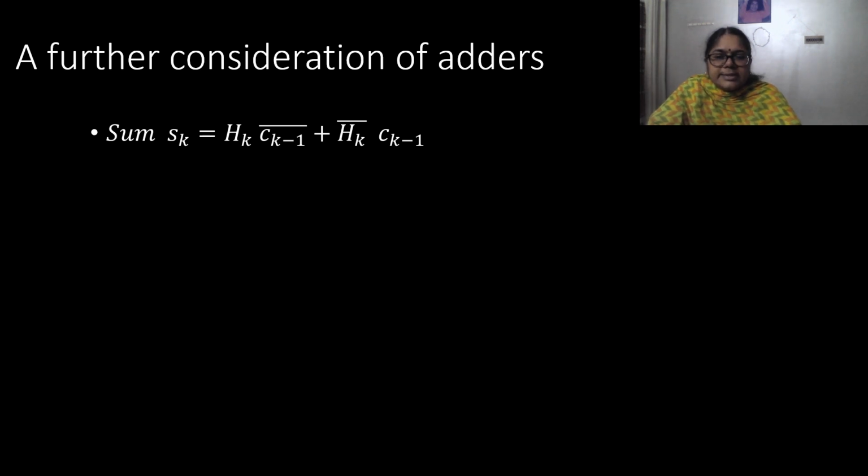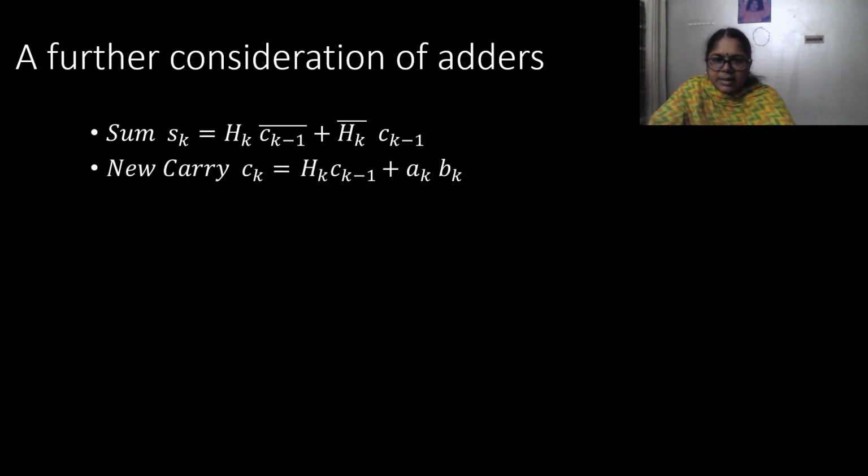We know that the sum is obtained by performing XOR operation of the 3 bits A, B and C. So, S can be written as H into Ck minus 1 whole bar plus H bar into Ck minus 1.